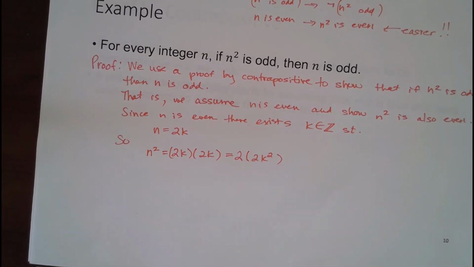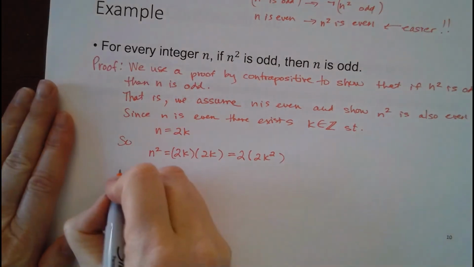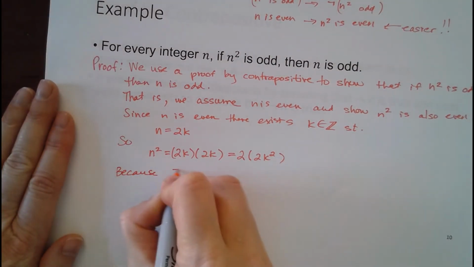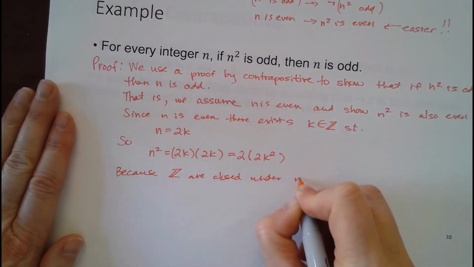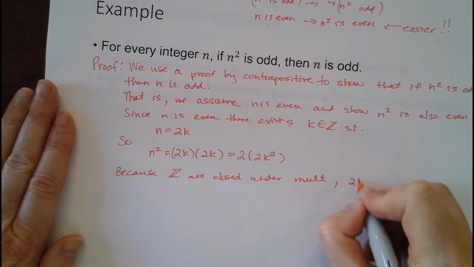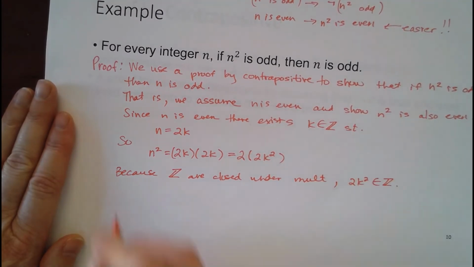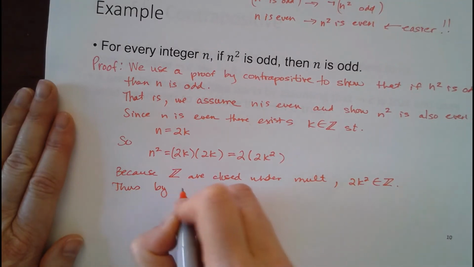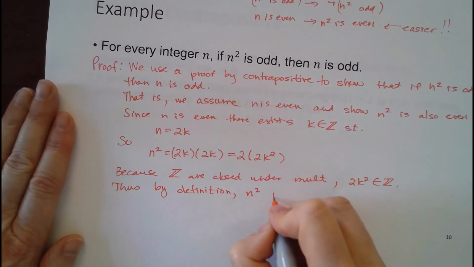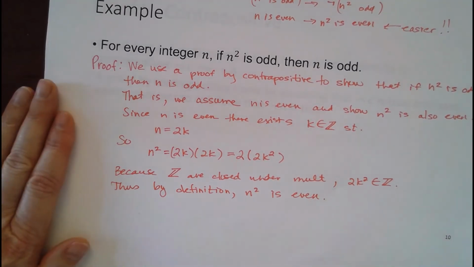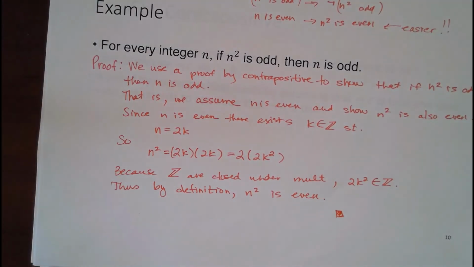Yeah. Why is it an integer? Because integers are closed under multiplication. Good. So because integers are closed under multiplication, 2k squared has to be an integer, thus by definition, n squared is even, as I've written it as 2 times some integer.